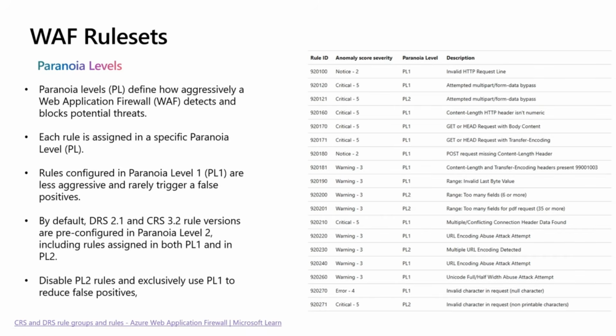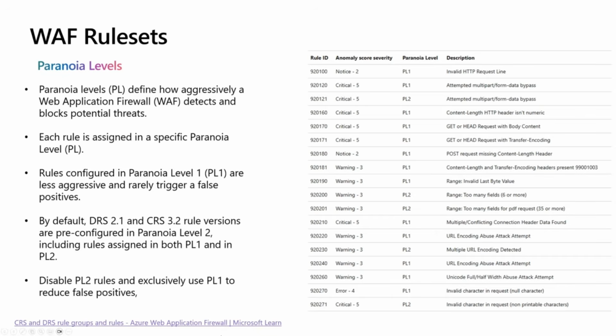So the key takeaway for paranoia levels is that they give you control over how strict your WAF is. You can tune your configuration based on your application sensitivity to false positives and your overall risk tolerance. But for most production environments, starting with PL1 is a safe and effective approach, and then you can incrementally enable PL2 rules as needed based on the observed traffic and testing.